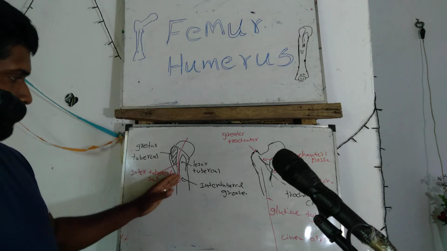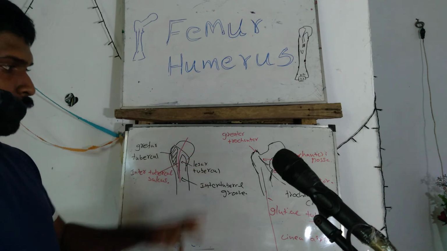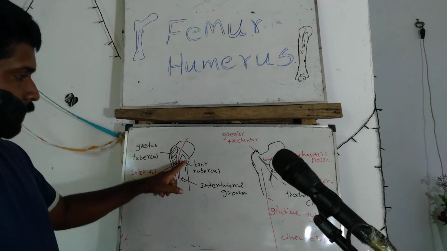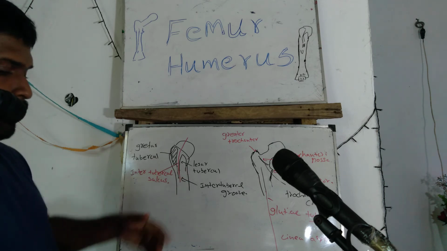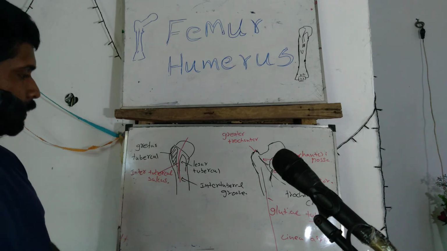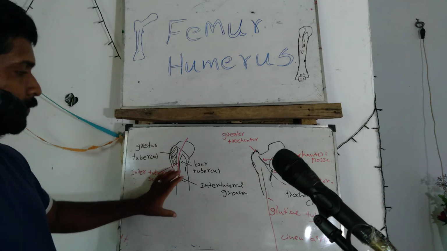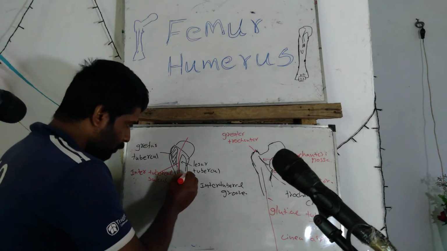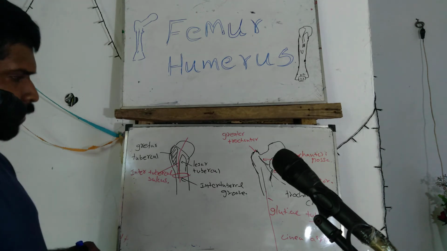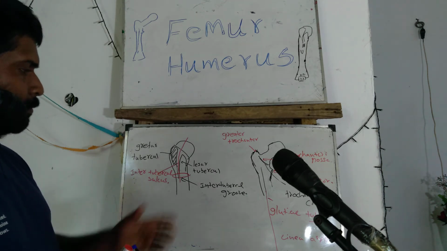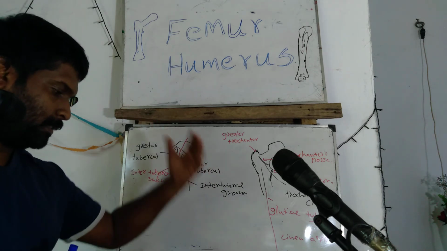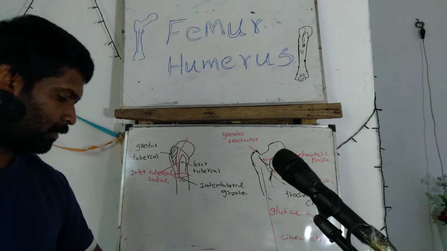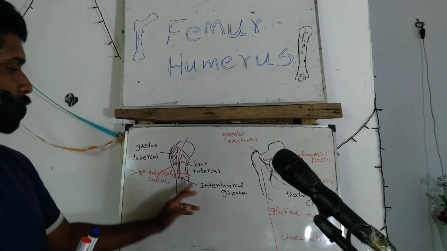Now we are going to talk about the areas where fractures occur. This is the humerus head. Below the tubercular area there is a thick shaft area. It is called the surgical neck. A person pushing laterally downward with the hand can damage the surgical neck.